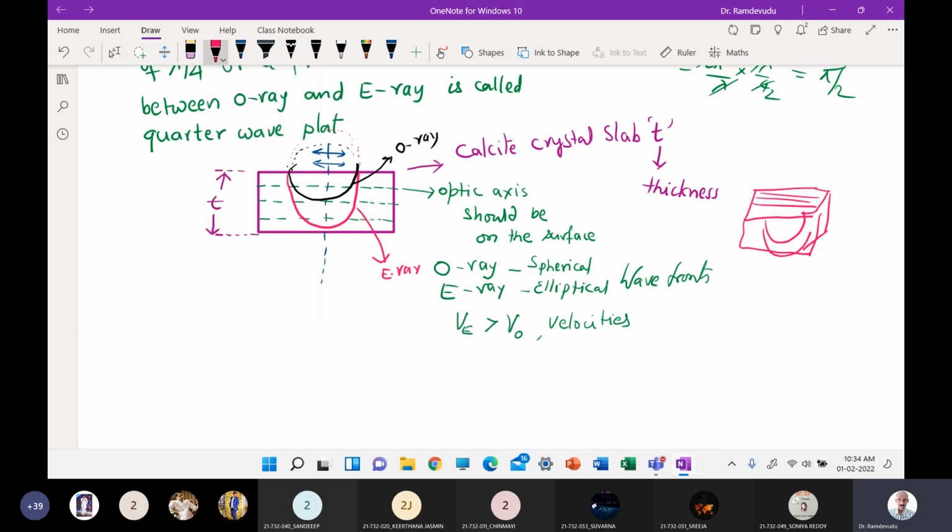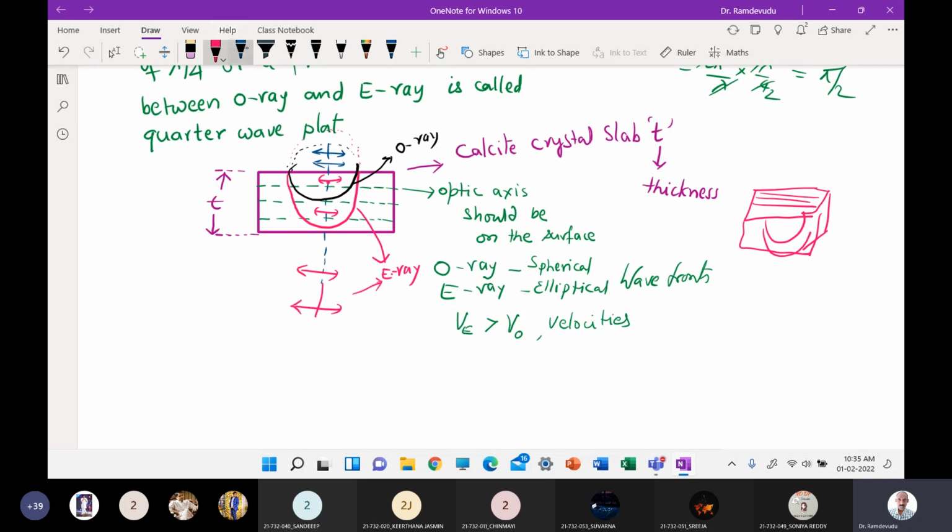So what I say is we have E ray vibrations, dots, parallel lines for these. They are parallel to the principal section and they'll come out. Because E ray is moving faster, it will come out first out of the crystal.